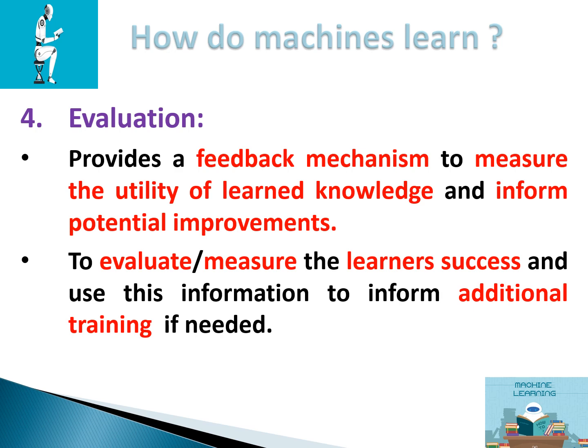And the last stage in machine learning is evaluation. Evaluation provides a feedback mechanism to measure the utility of learned knowledge and inform potential improvements. That is, evaluating or measuring the learner's success and using this information to inform additional training if needed. So this is the evaluation of our generalized data.